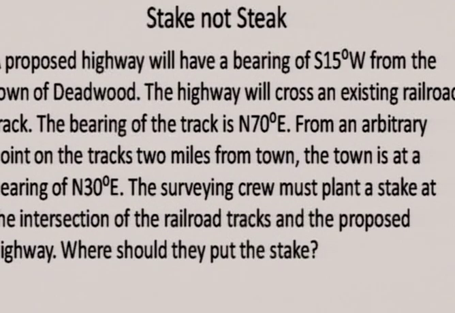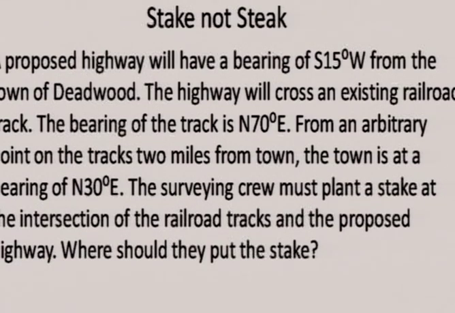So all of a sudden you see we're listing the bearings in the second manner that we could do it, from the town of Deadwood. The highway will cross an existing railroad track, the bearing of the track, and you get all sorts of information from here. So you can read through the rest of that for just a minute and we'll see what we can do with it.